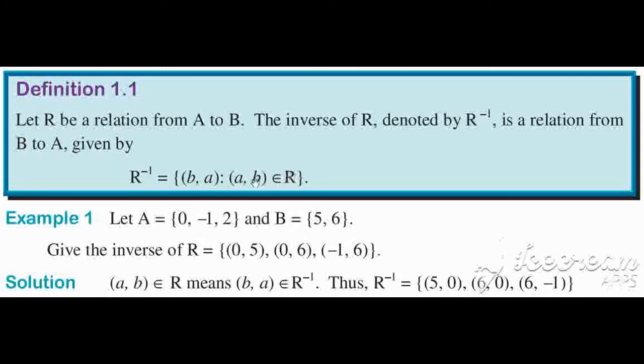That means for (b, a) to be in R inverse, (a, b) must be an element of relation R, as shown in this example.